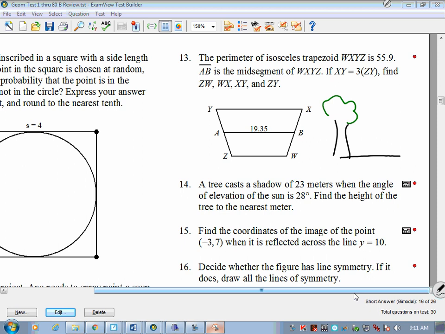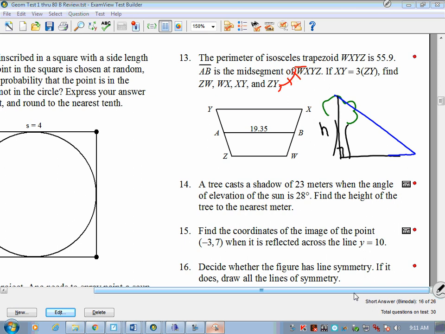Hopefully. Where's the sun? In the sky, probably over here to the left somewhere, because this little black line right there is my shadow. So we're going to get something that looks like that. We're going to ask, what is the height of the tree?